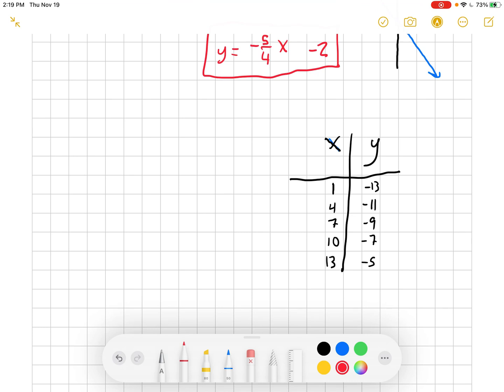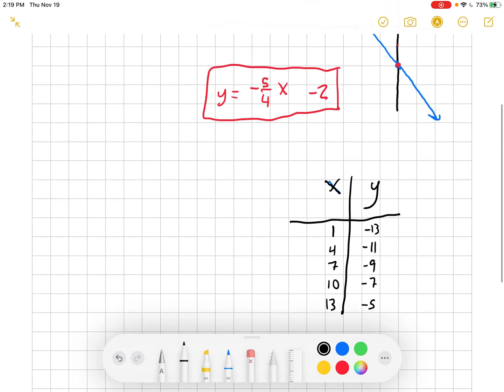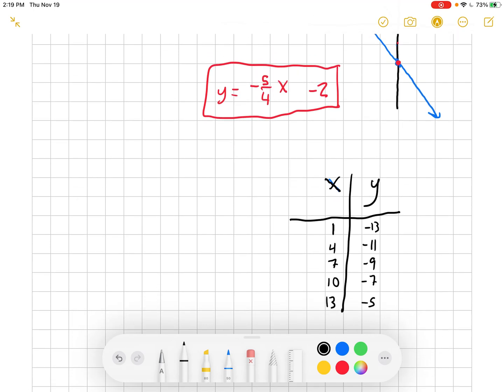Now, when it comes to a table like this, we can kind of do the same thing. You could go through, you could plot all these points and connect the dots. You could do that. Today I'm going to show you how to do that algebraically.